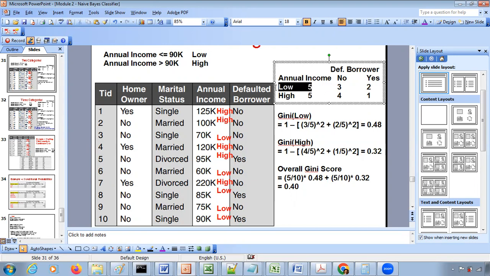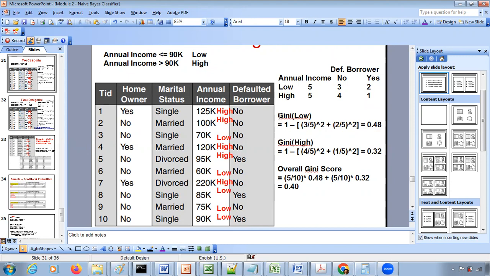Out of these 5 low, if you look at the class for the defaulted borrower, 3 belong to class no and 2 belong to class yes. Similarly, of the 5 high records, 4 belong to class no and 1 belongs to class yes. So now we have a setup to calculate the Gini impurity index.